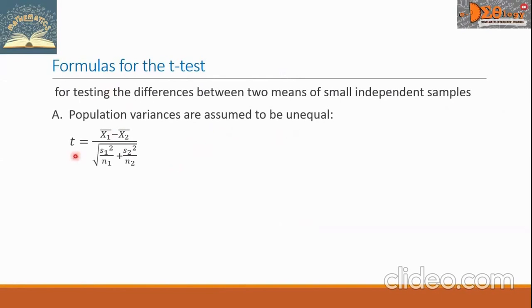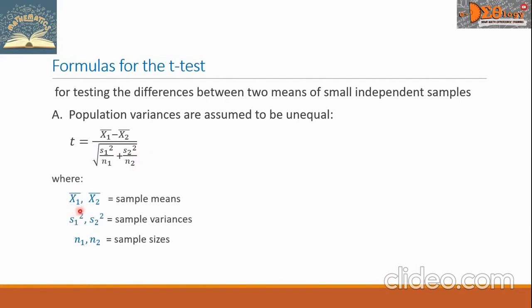And this is t equals x bar sub 1 minus x bar sub 2 all over this big radical. And the radicand is a sum of two fractions. The first fraction is s sub 1 square over n sub 1 plus the second fraction whose numerator is s sub 2 square over n sub 2.